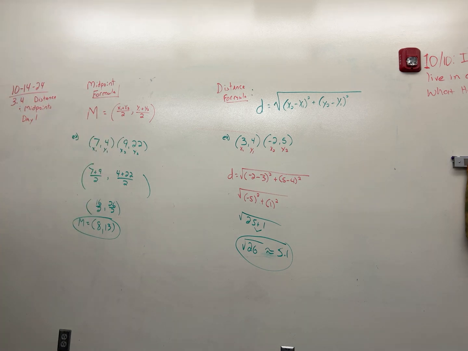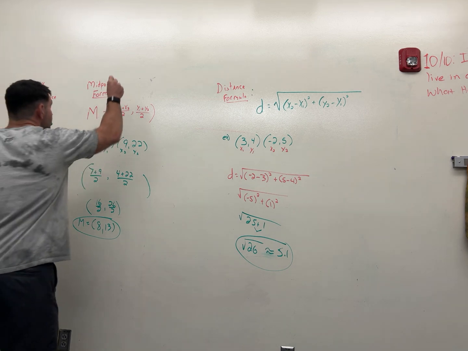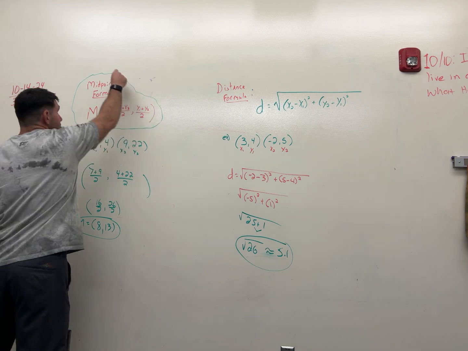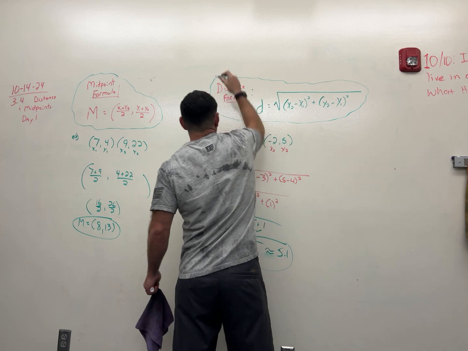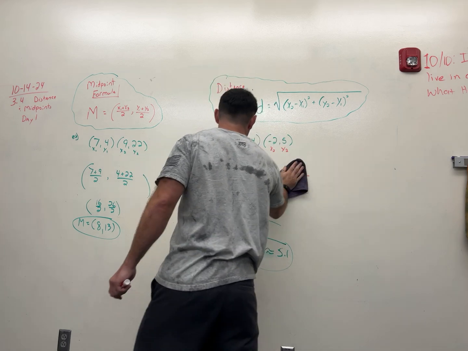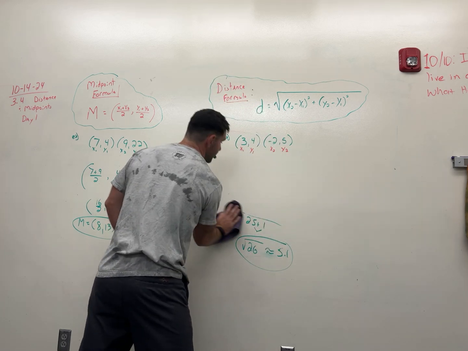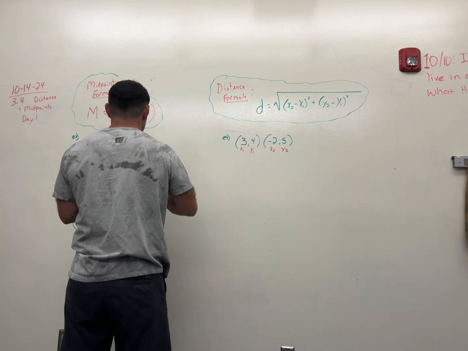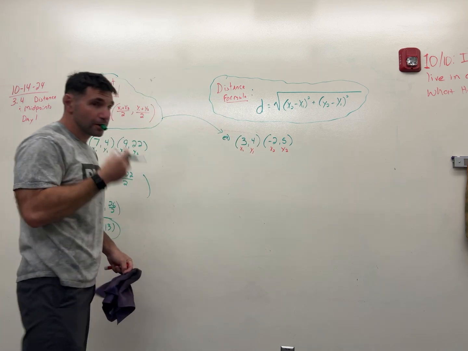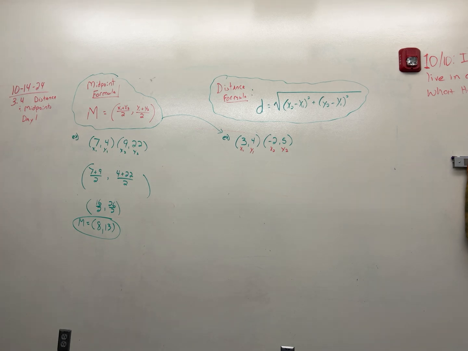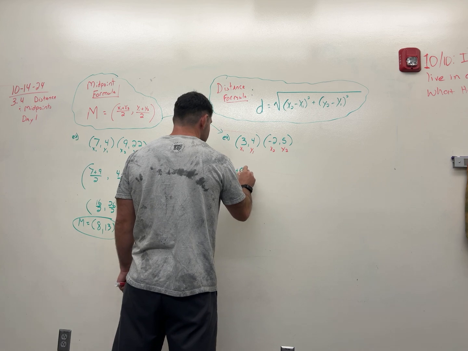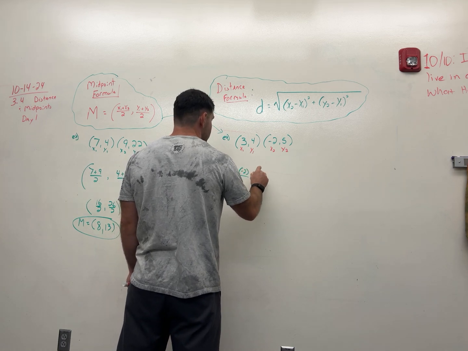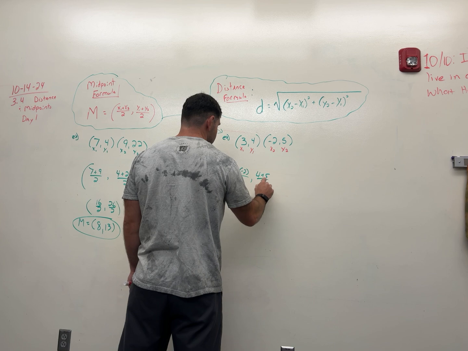The midpoint is the easier of the two, but you're going to want to have these two things copied down, maybe highlighted. Let's use this same one right here. So now we're using this for this one. We already have x1, x2, y1, y2. So I'm going to say 3 plus a negative 2 divided by 2, comma, 4 plus 5 divided by 2.